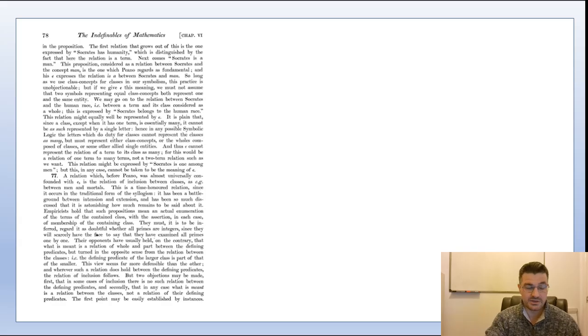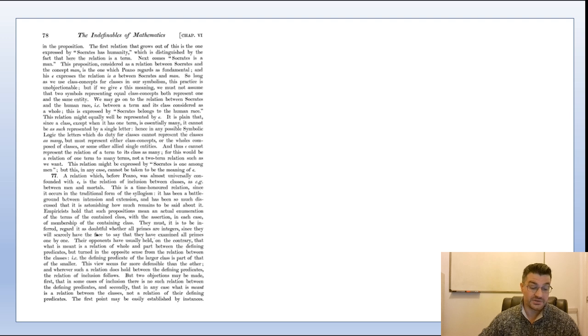So typically we'll just have a single symbol, maybe uppercase A, or an alpha, for example, to represent a class, but this represents the class as one. And thus epsilon cannot represent the relation of a term to its class as many.